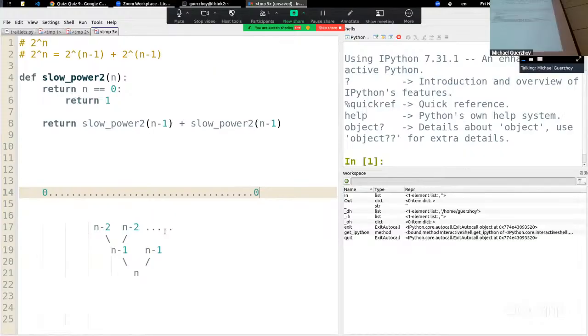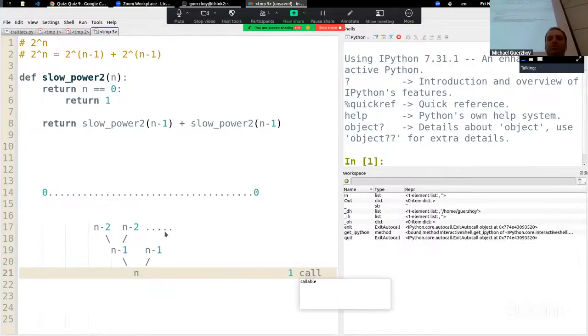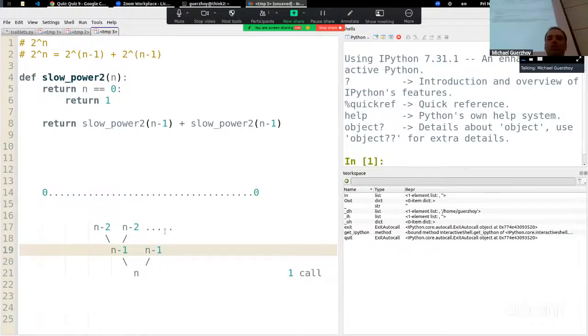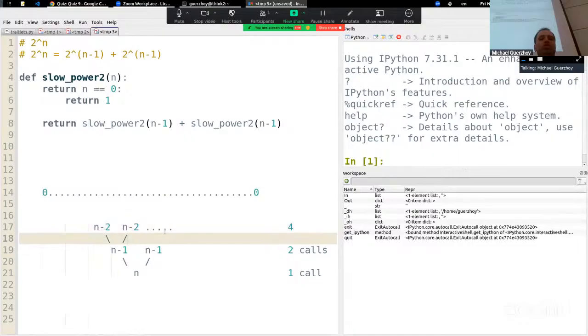So again, we're going to ask how many calls in total, and we're going to use the same trick. We're going to count them level by level. So there is one call over here. And then there is 2 over here. And then there's 4 over here because each one spawns 2, right? So if there's 2 over here, then each of the 2 spawns 2, so that's 4.